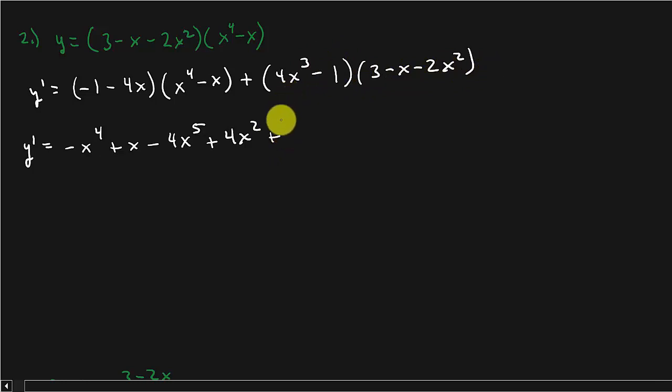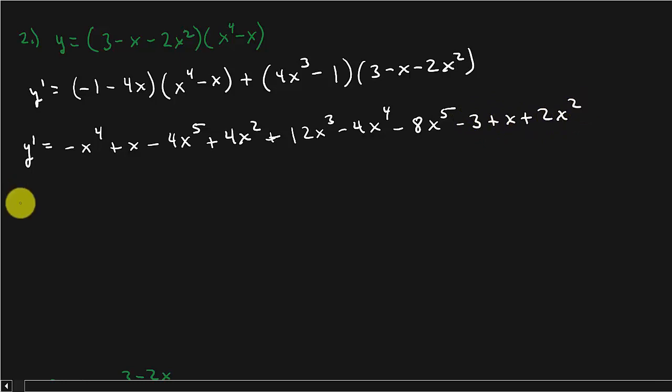So that's going to be plus 12x cubed minus 4x to the fourth minus 8x to the fifth. And then multiply the negative 1, so that's minus 3 plus x plus 2x squared. And let's just hope I didn't miss a sign somewhere or make some kind of stupid mistake.